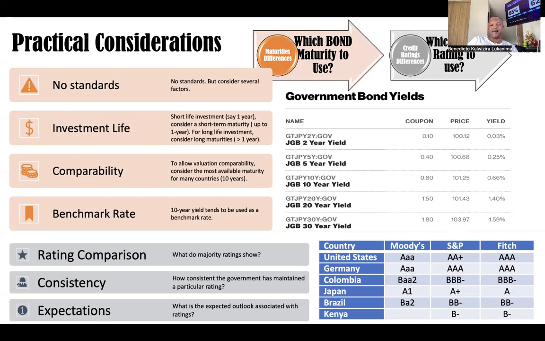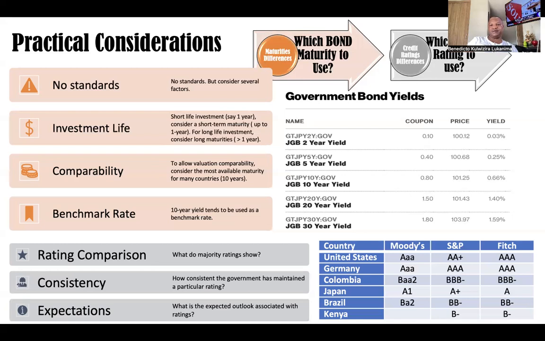Another important point we could consider is expectations. What is the expected outlook associated with ratings? Ratings normally provide outlook: positive, stable, or negative. If we expect a stable outlook, it's a good sign that the future is promising.